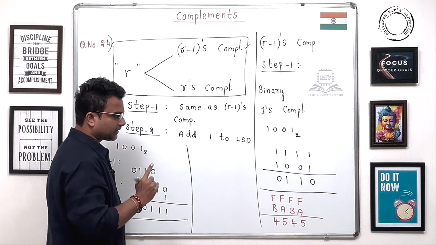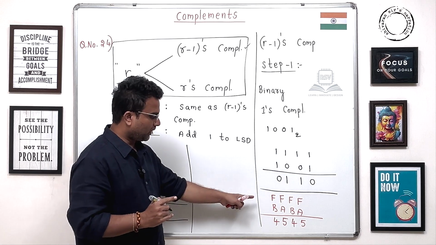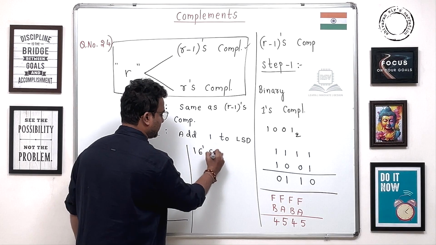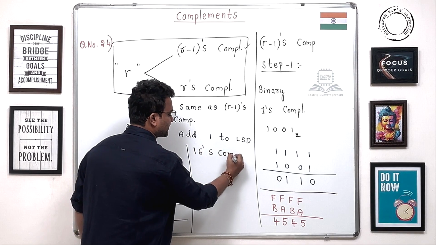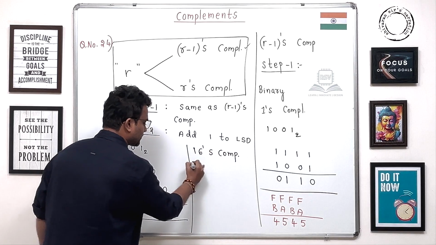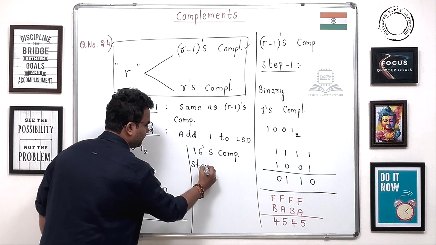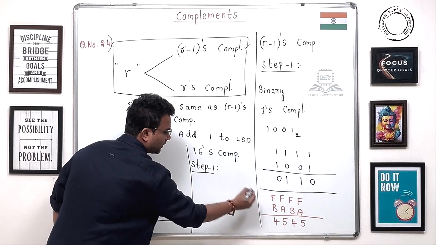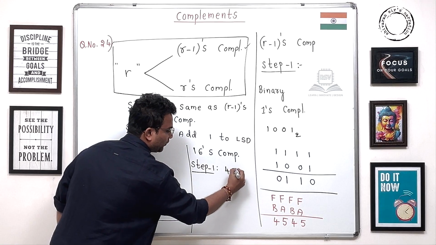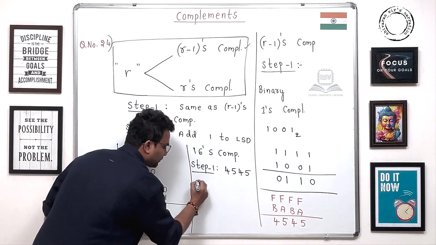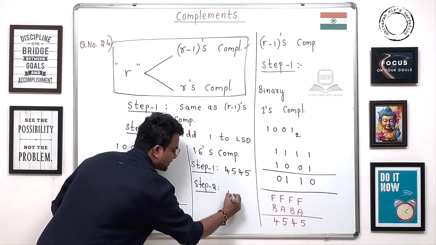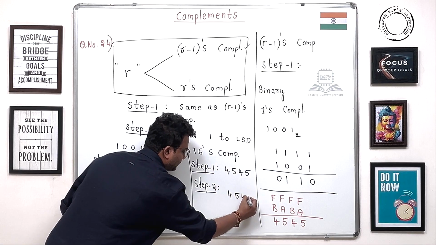Similarly, let us take hexadecimal. We want to calculate the 16's complement. For the 16's complement, step 1, obviously F's complement. We got 4545. Step 2, we need to add 1 to the least significant digit.